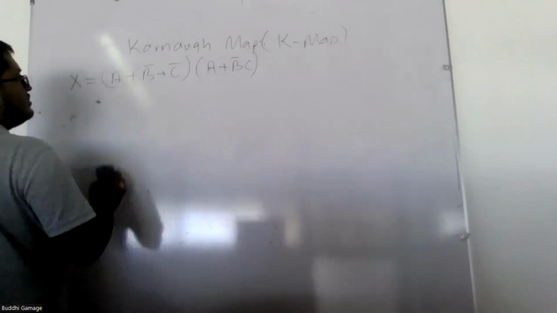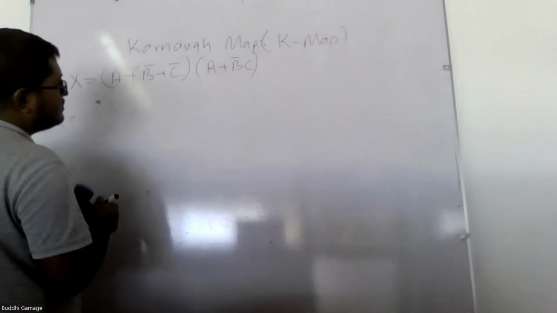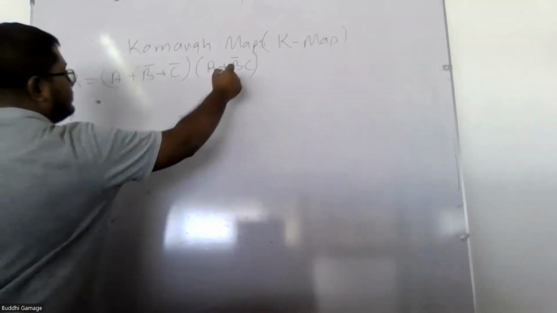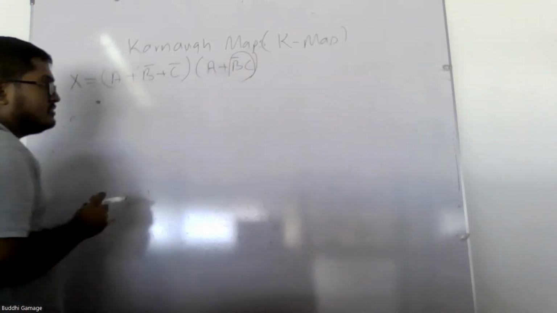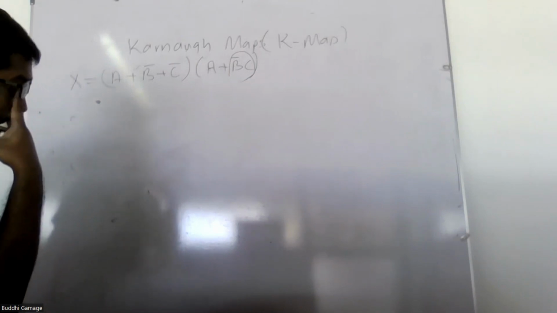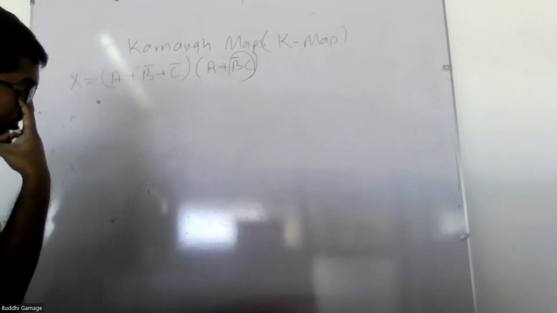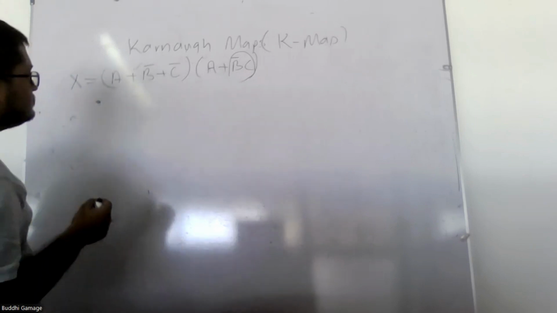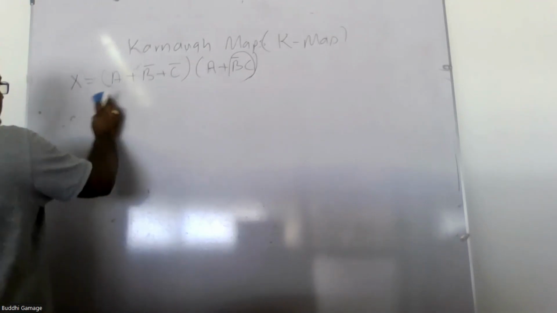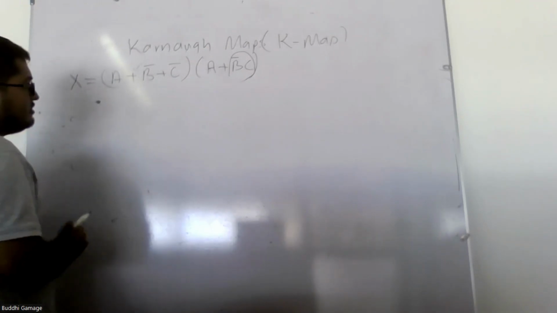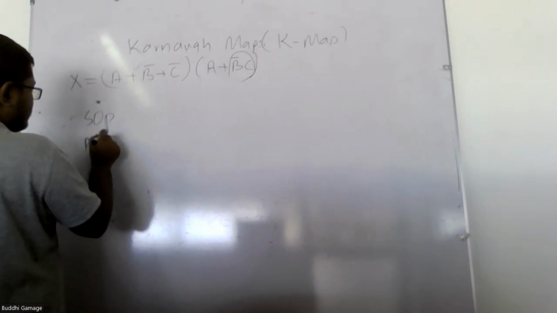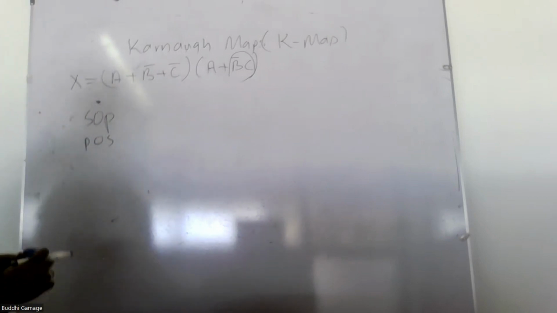So it is actually not in either sum of product or product of sums, since this B bar C is in product of sum. So you need to simplify this into total SOP first.